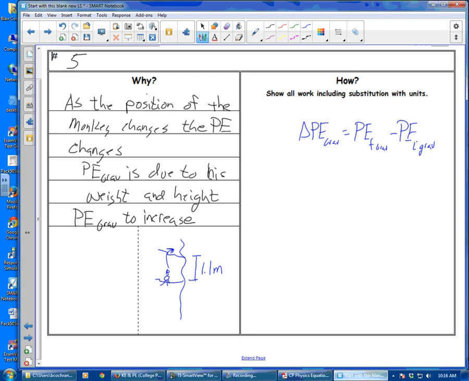So PE grav equals his weight, mg, times the final height, minus his weight, remember, that's the force that we're doing work against, times his initial height. So that force gives us this energy due to our position.